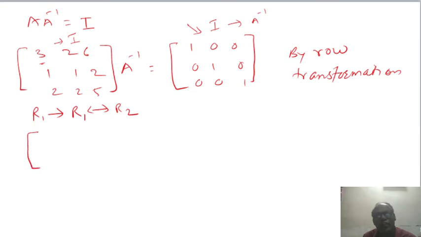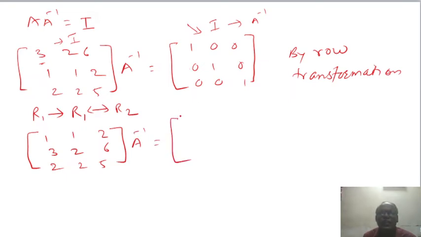Therefore we obtain the matrix [1 1 2; 3 2 6; 2 2 5]. Now see here, second row becomes first row, first row becomes second row, third row as it is, into A inverse is equal to, here also the same thing. Second row becomes first row and first row becomes second row.